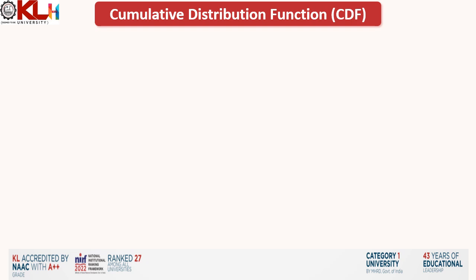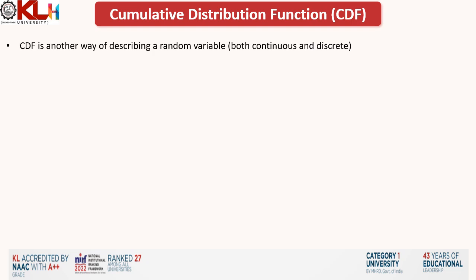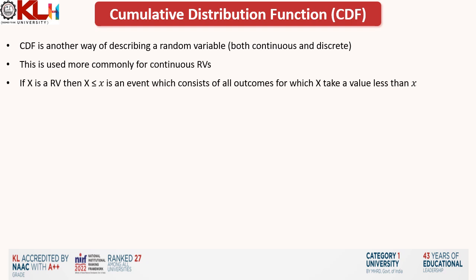Another way of describing the distribution of a random variable is cumulative distribution function, or CDF. It can be used for both continuous and discrete random variables. It's more often used for the continuous random variable, but you might see examples where CDFs are also used for discrete random variables. So the CDF is defined for values of the random variable that are less than or equal to a constant.